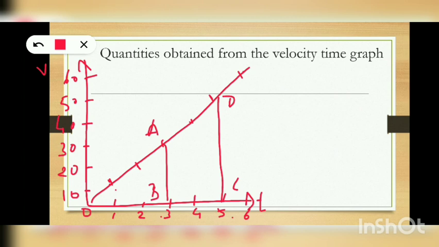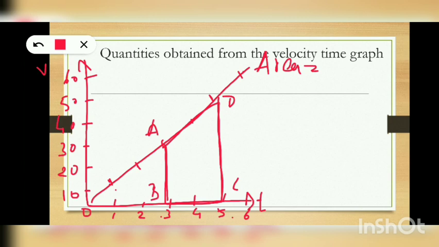Now what is the second method to find the area? The second method is to consider this area ABCD as a whole portion. No need to divide it into two segments. If you look at this section, it represents a trapezium. So you need to find the area of the trapezium. What is the formula?